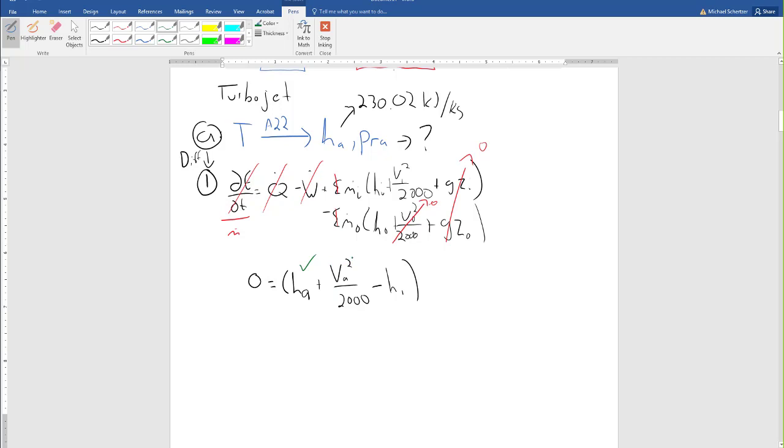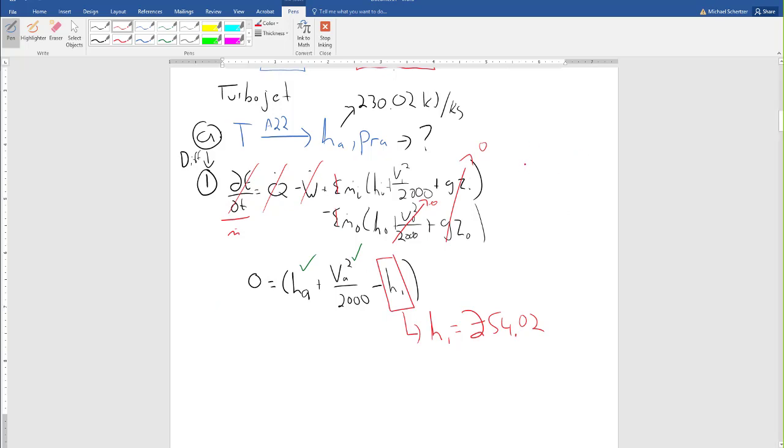We know VA, that's given. The thing we don't know is h1. So I use this equation to find that h1 is equal to 254.02.